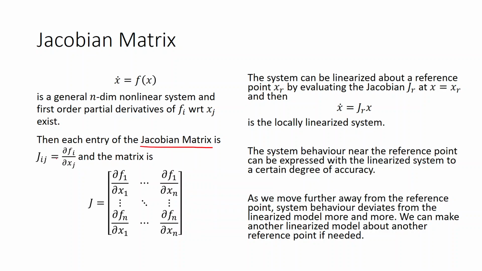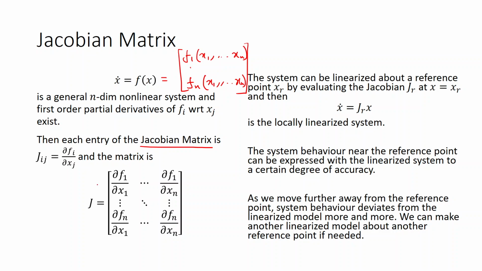The Jacobian matrix is the matrix of the partial derivatives. So your x dot equals f(x), this is basically f1(x1, ..., xn) up to fn(x1, ..., xn), correct?